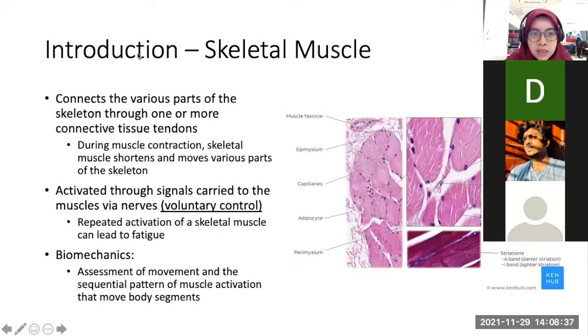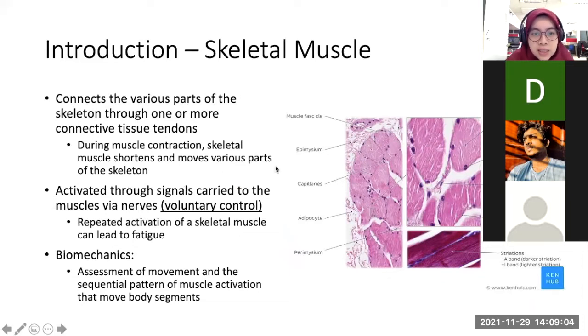All right. So for the skeletal muscle, generally it connects the various parts of the skeleton through one or more connective tissue tendons. So we have our bones, and attached to it the skeletal muscle. So during muscle contraction, skeletal muscle will shorten, and the shortening of this skeletal muscle actually moves the various parts of the skeleton.